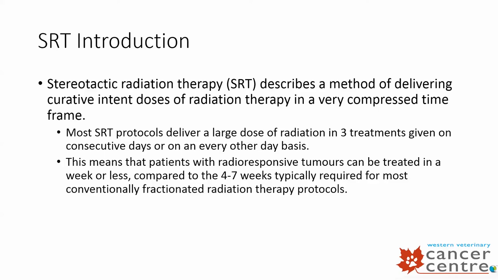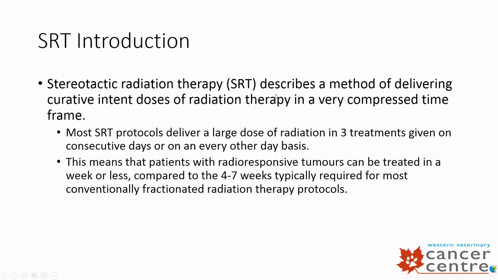So a little bit of confusion on the terminology side of the fence, but they all essentially mean the same thing. They are radiation programs designed to immobilize a patient to achieve a high degree of reproducibility and positioning, and then to deliver radiation dose in a compressed time frame.